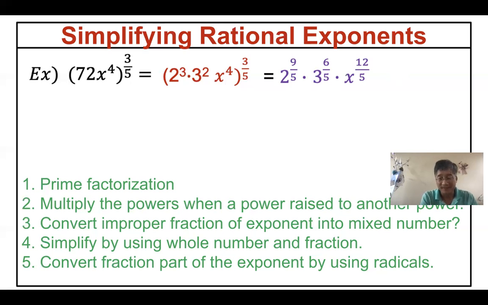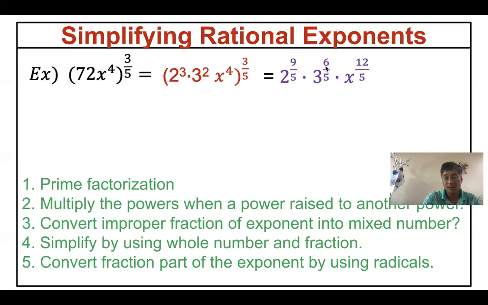And then we are going to change it back to radical form again. But how do you change it? Do you remember? For these rational exponents, if it is an improper fraction, we change it into a mixed number, right? So 9/5 is 1 and 4/5.